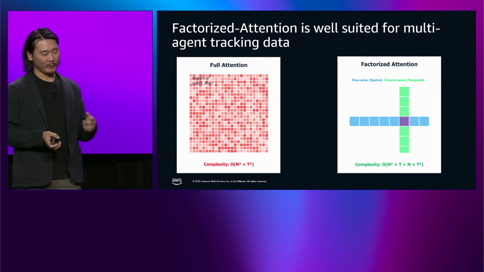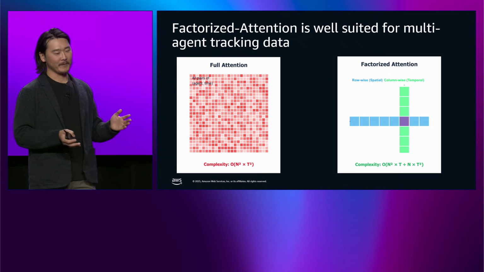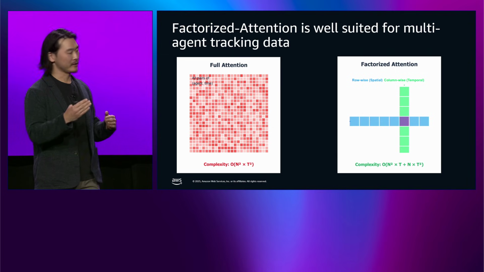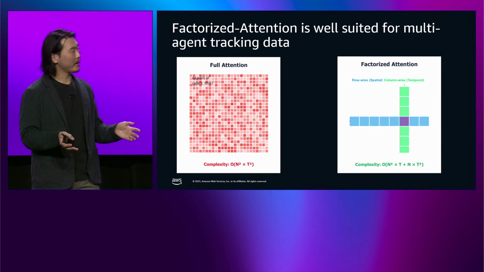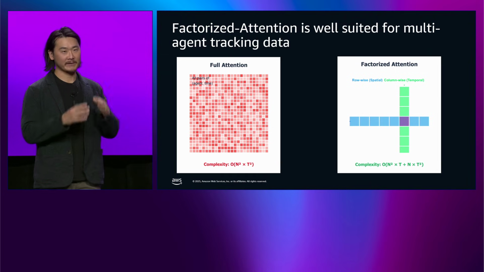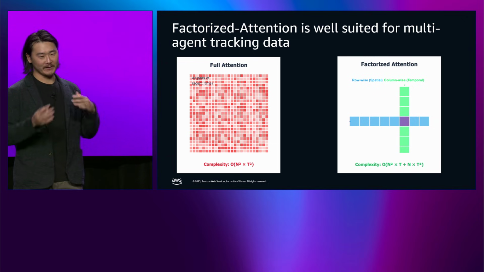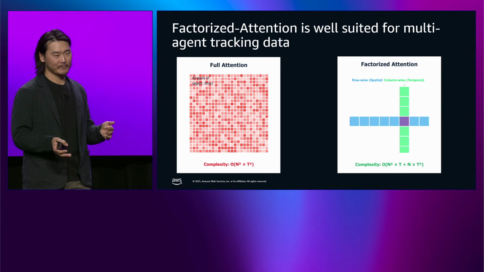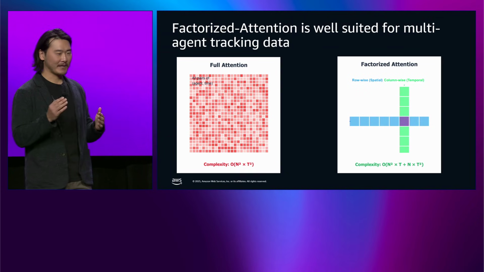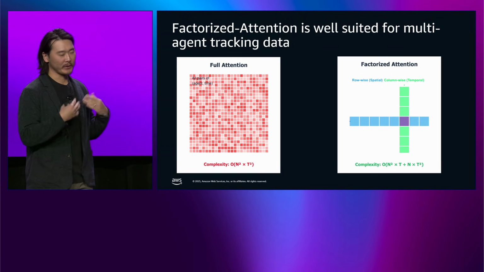What factorized attention does is streamline your attention along the dimensions that you actually care about. In our case, that's time and space. This also decreases the computational costs, but it also lets the model learn what we want it to learn.